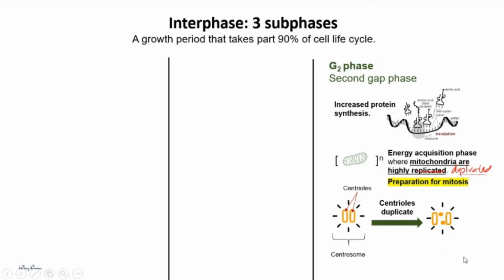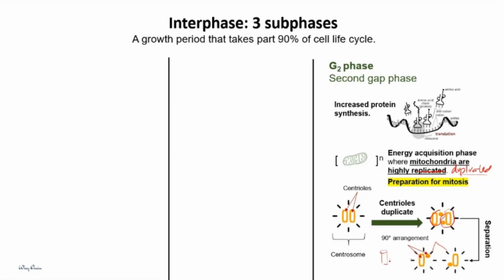Okay, but they will undergo a maturation process, iaitu they will separate. These two will separate in one group. So they have their own centrosome. So now we have 2 centrosomes, and each centrosome has a pair of centrioles. Okay, we always draw with this symbol.